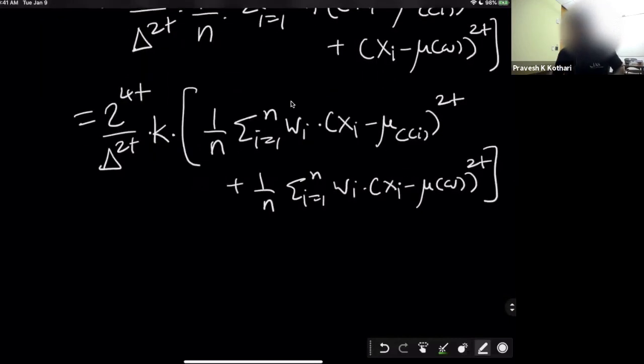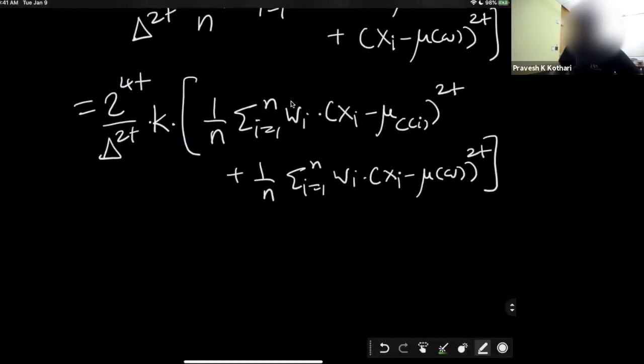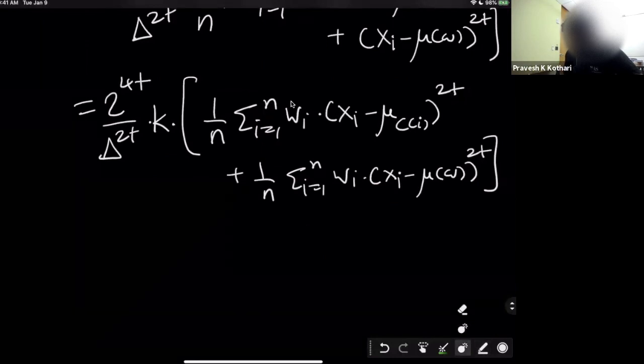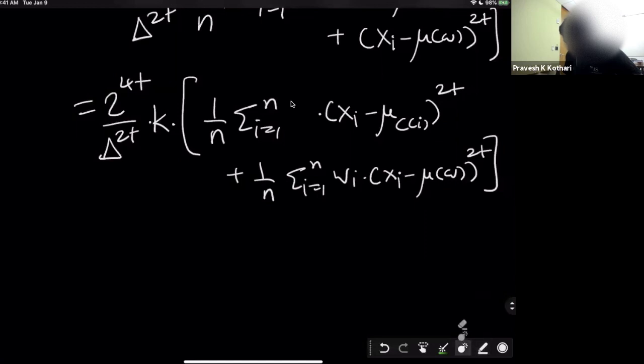Okay, very good. Now I claim that I can erase w_i and still have an inequality. Why is that? Well, w_i is at most 1. So in the first expression, I removed w_i, just upper bounding it by 1. Because it was multiplying a square, this is a legitimate step.